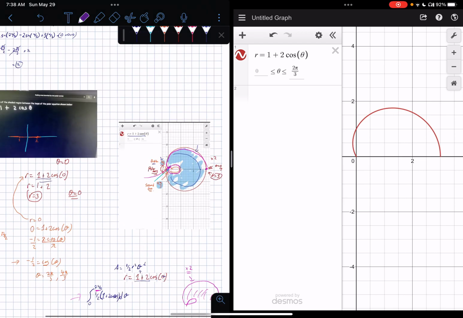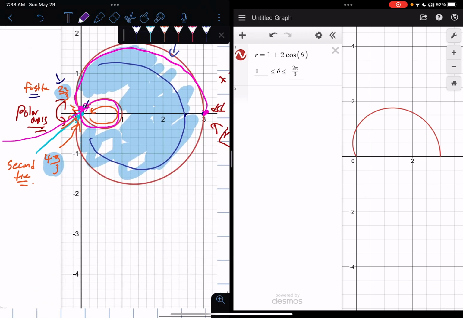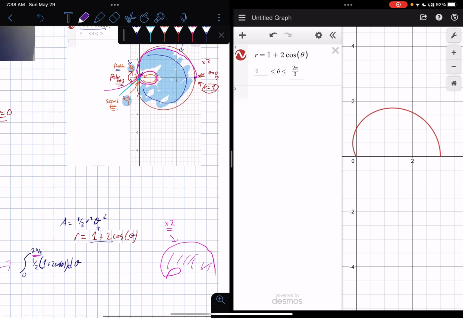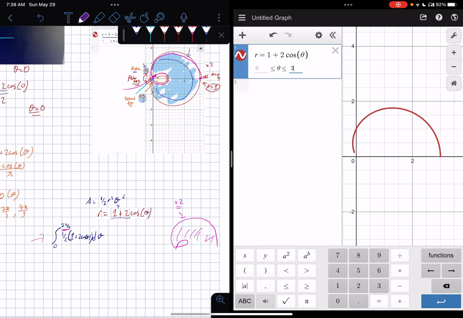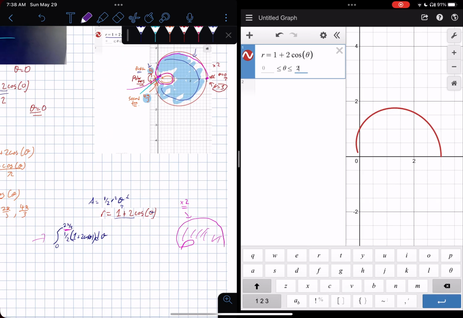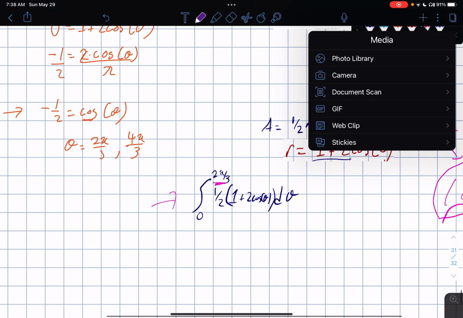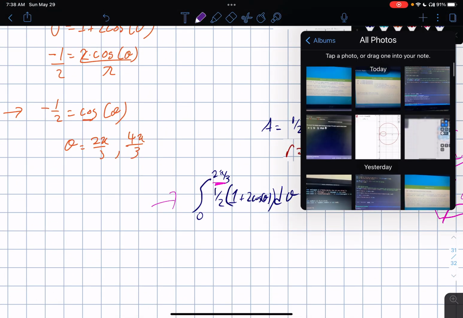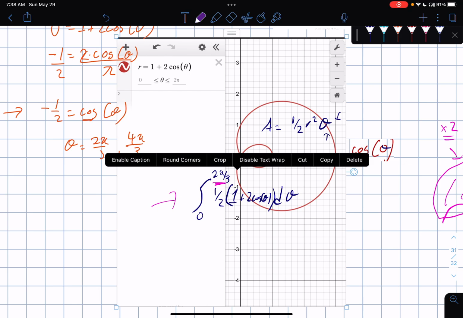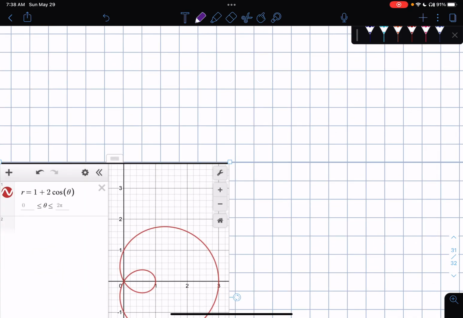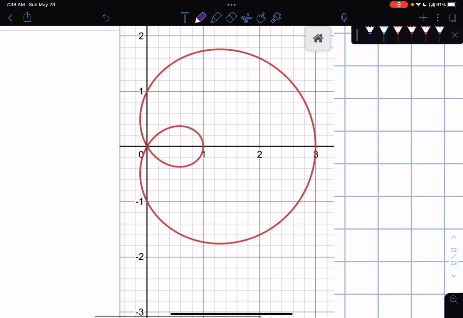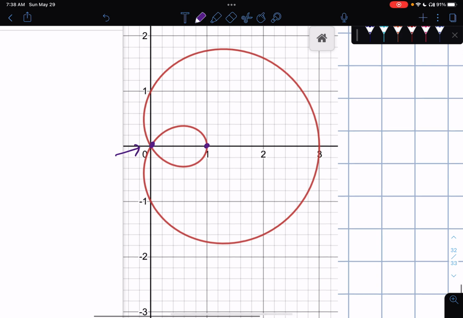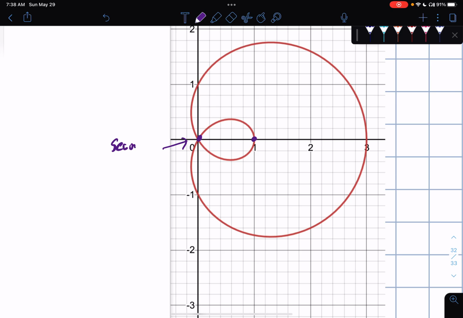The part of the loop-de-loop that we actually want is just from here to here. We already know that the second time it hits here, it's 4 pi over 3.